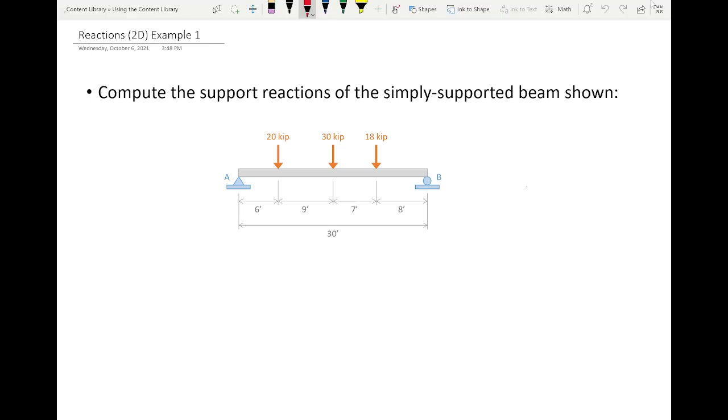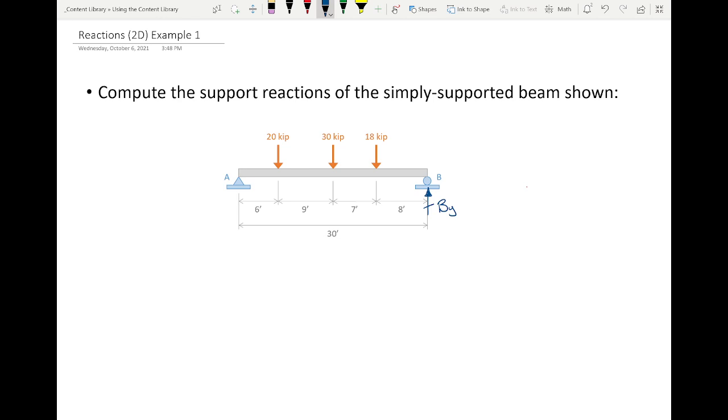So here's what we're going to do. I am going to assume that B is acting upwards. So we're going to call this BY. And I usually draw a little line through my reactions to indicate that I didn't know those at the beginning of the problem. Now here's the thing. Let's say that I go through all of the math and I get that BY is negative.